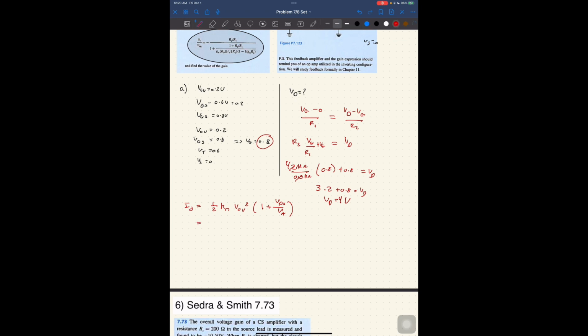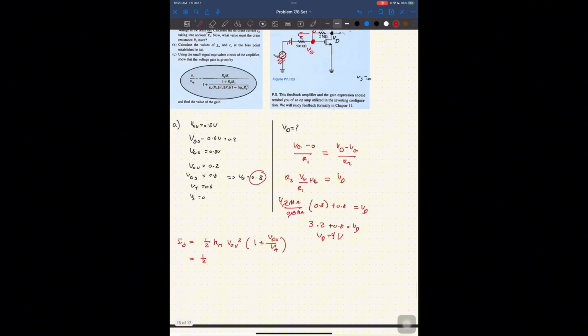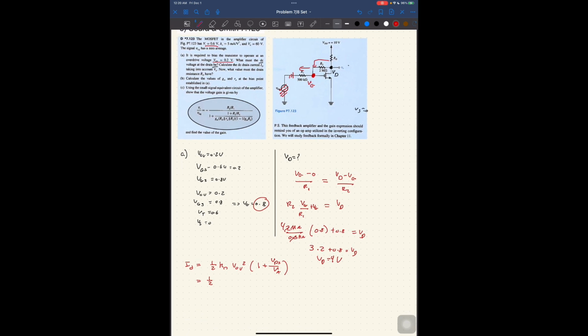So ID is equal to 1/2, and Kn is 5 times 10 to the negative 3, and V_OV is given to be 0.2, squared, times 1 plus VDS. VD is nothing but 4, and VA is 60, and so ID is equal to 0.106 milliamps.